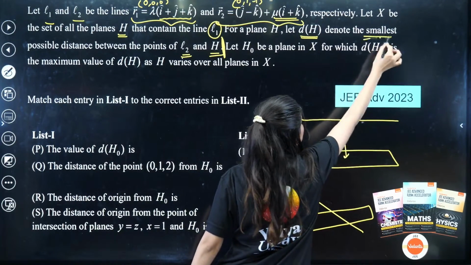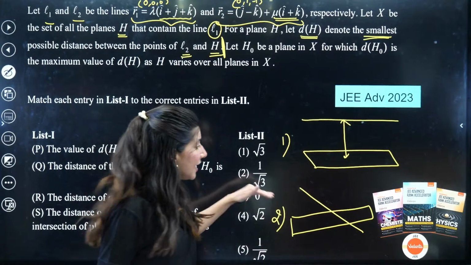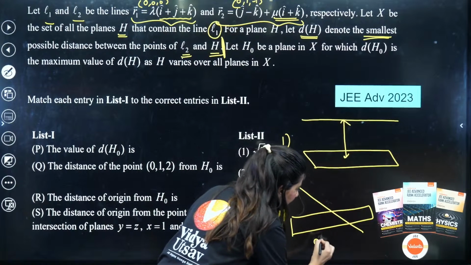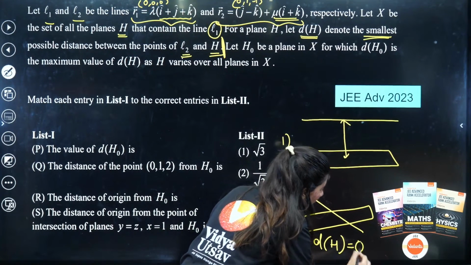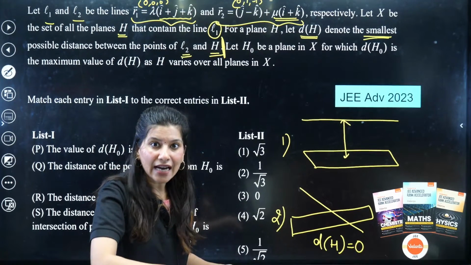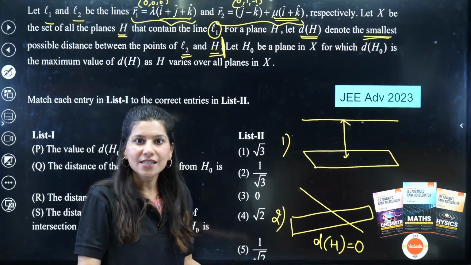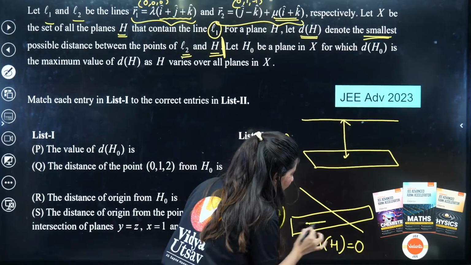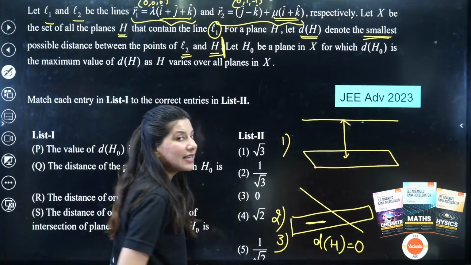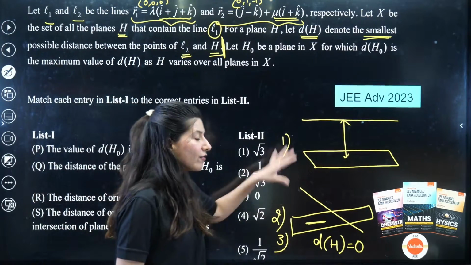Smallest distance. Okay, so if plane and line intersect each other, the smallest distance will be 0. So in that case, distance will become 0. And there is a third case also where the plane is containing that particular line. Again, the distance will be 0. So in that case, if the plane contains the line, then also your distance will be 0. So the second and third cases are the same, right? Okay, so we have got 3 cases.